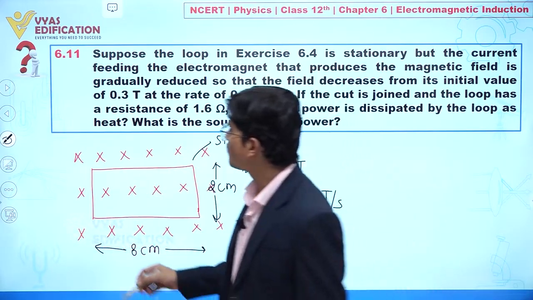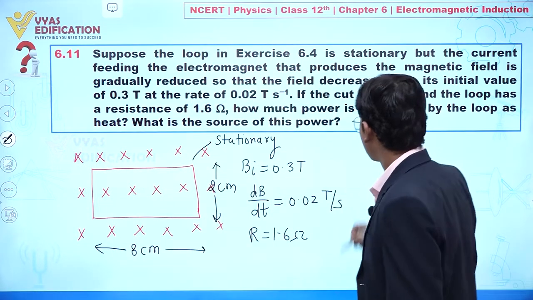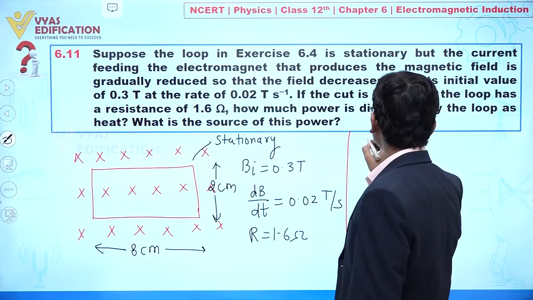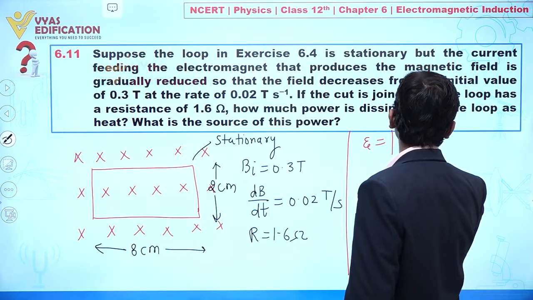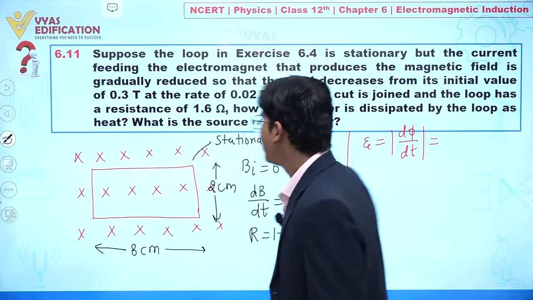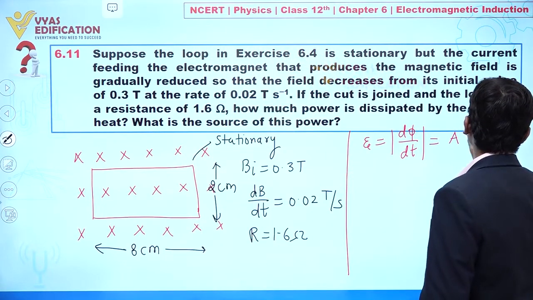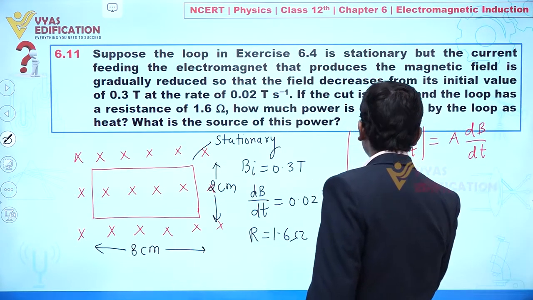So it is a very simple question. First of all, we can write the induced EMF in magnitude as d phi by dt. Phi is equal to BA, so we can write this as A dB by dt. This is the average induced EMF.